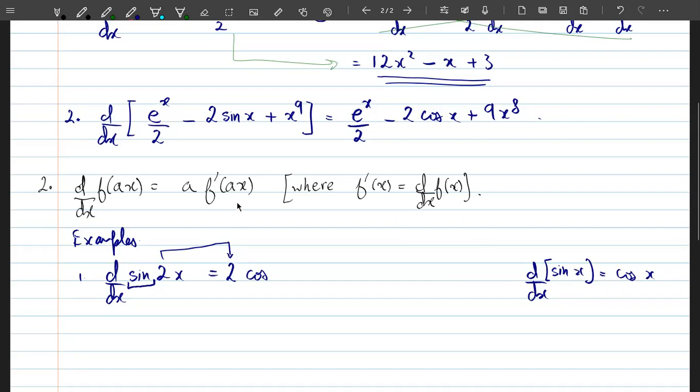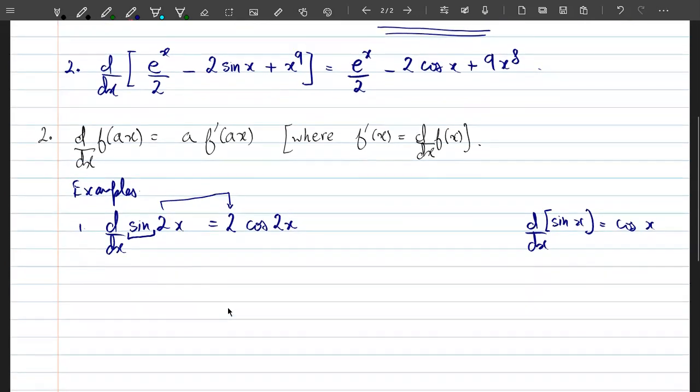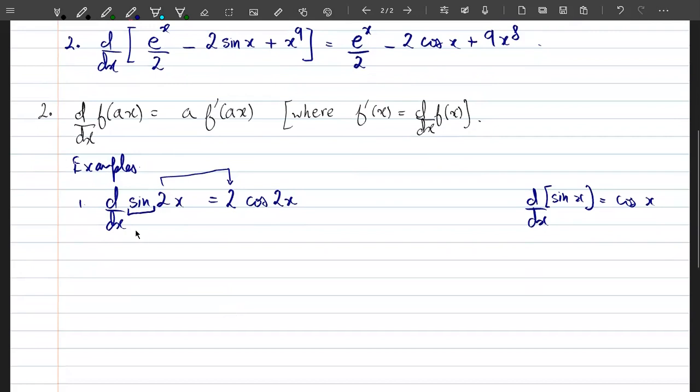But notice you don't have f dash of x. So it is not cos x here. It is cos ax. So that is 2x. Okay. It sounds elaborate when I'm explaining it, but you can see that it's very simple. And finally, when you are practically doing this, you can even think of it this way.